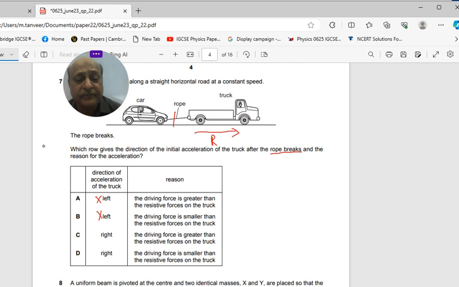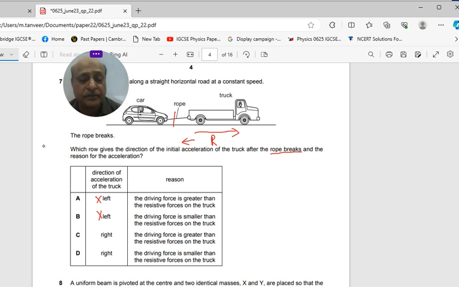Second thing, the reason. Either the driving force is greater than the resistive force on the truck, or the driving force is smaller. The resistive force acts in the opposite direction. That is the force of friction, which tries to stop the truck. But the truck will continue its motion towards the right. That means its resistive force is less and the driving force is greater.